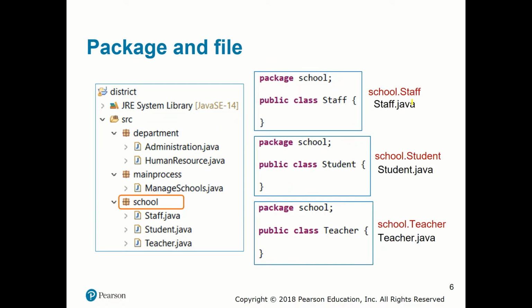Likewise, the three files, Staff.java, Student.java, and Teacher.java, are created in the package school. So these files must have package school as the first line of each code. And the actual names of each class are school.Staff, school.Student, and school.Teacher.